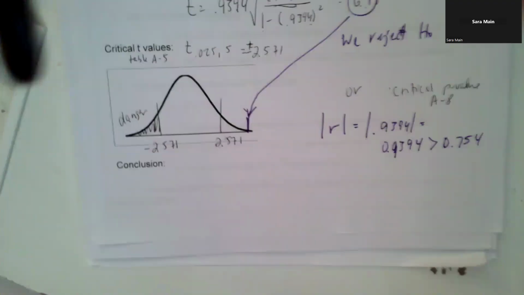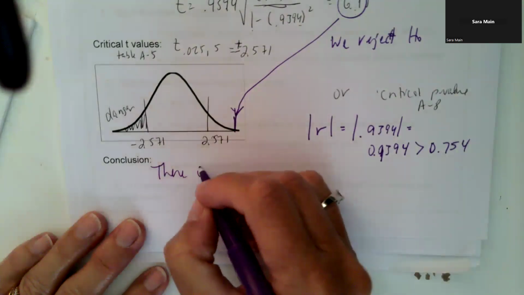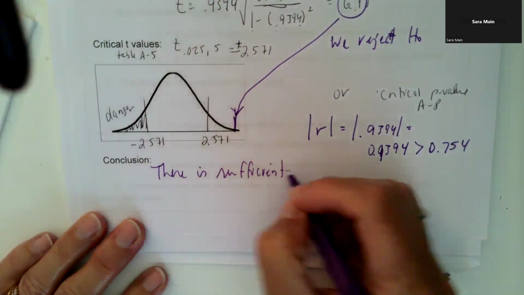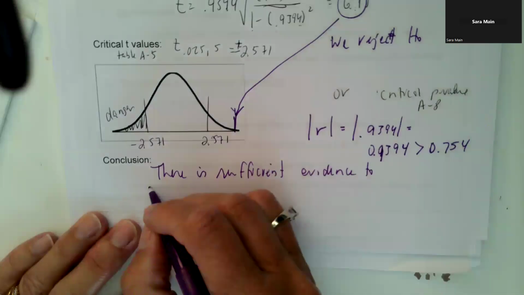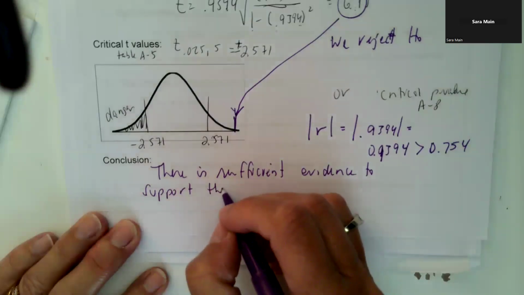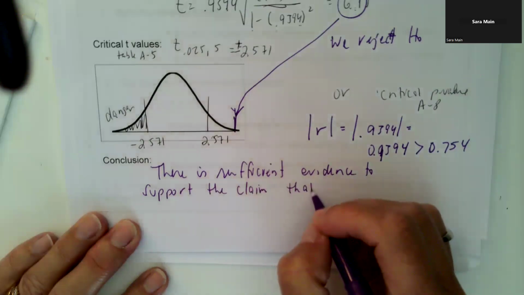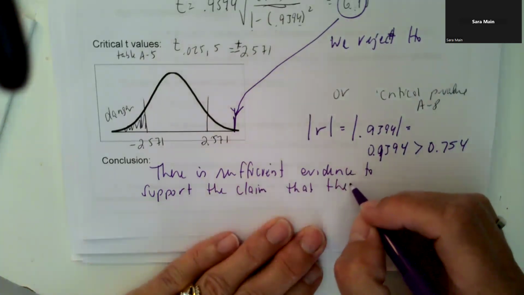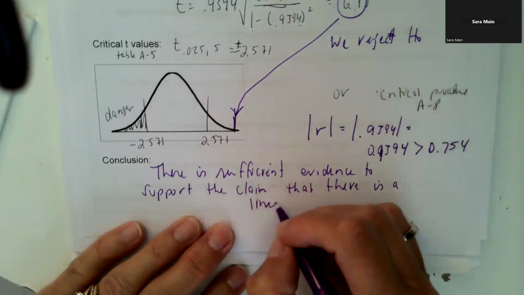And then the conclusion is there is sufficient evidence to support the claim that there is a linear relationship.